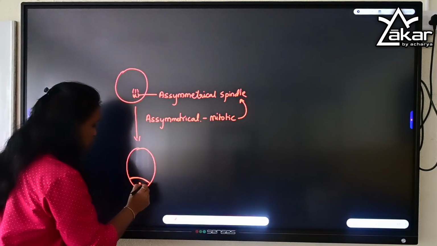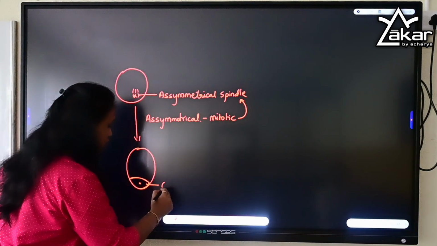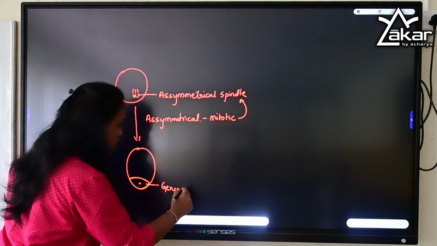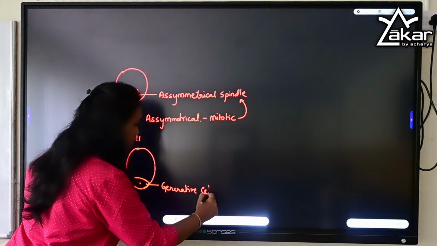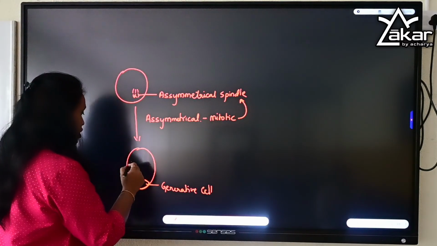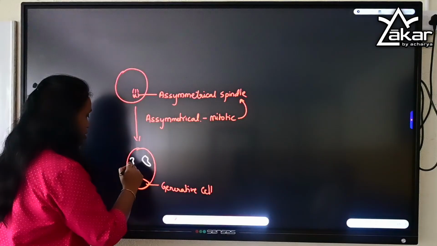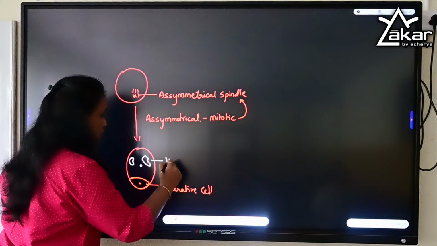One is the spindle shaped generative cell and the other one is the vegetative cell.